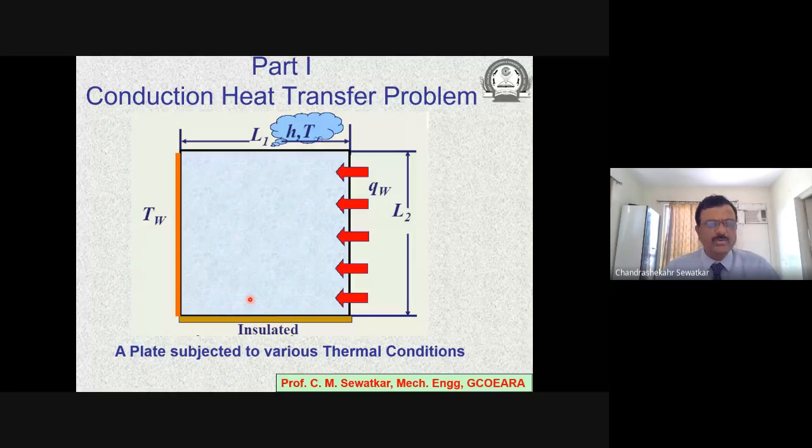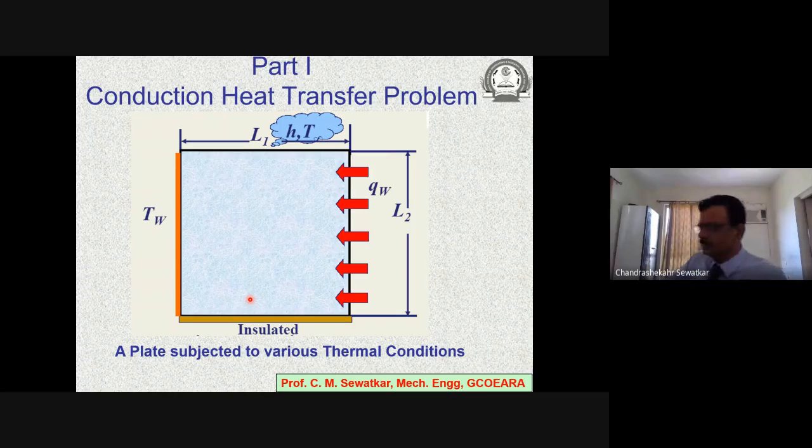What we are going to do is consider a simple problem wherein there is a two-dimensional square plate, and that square plate is subjected to various types of boundary conditions. Let's say the temperature is constant on one boundary. Let's say the bottom wall is insulated.